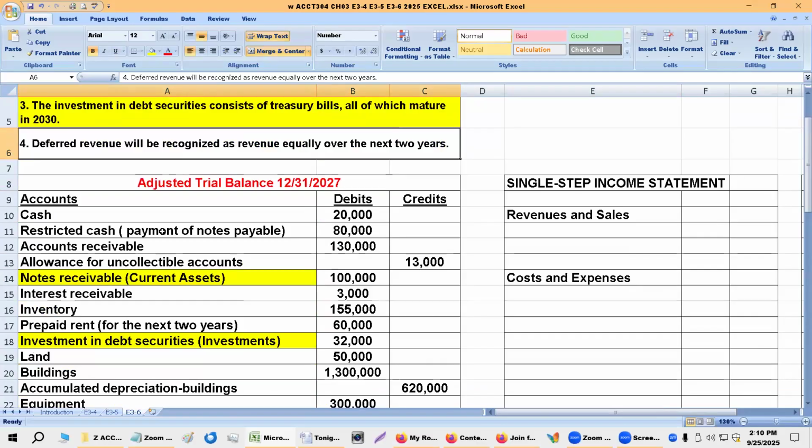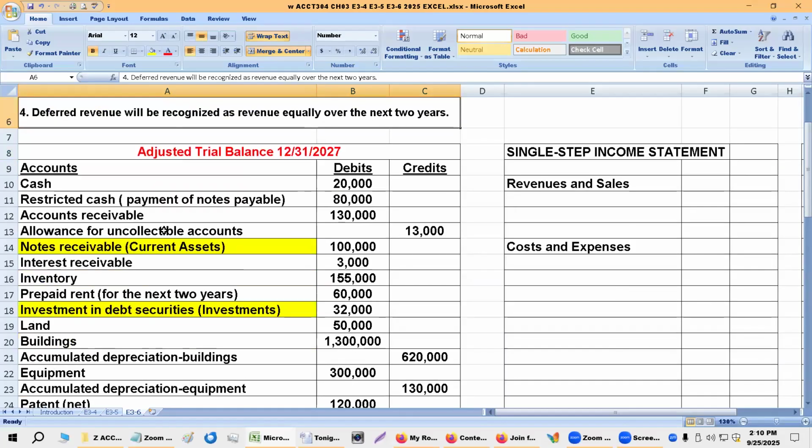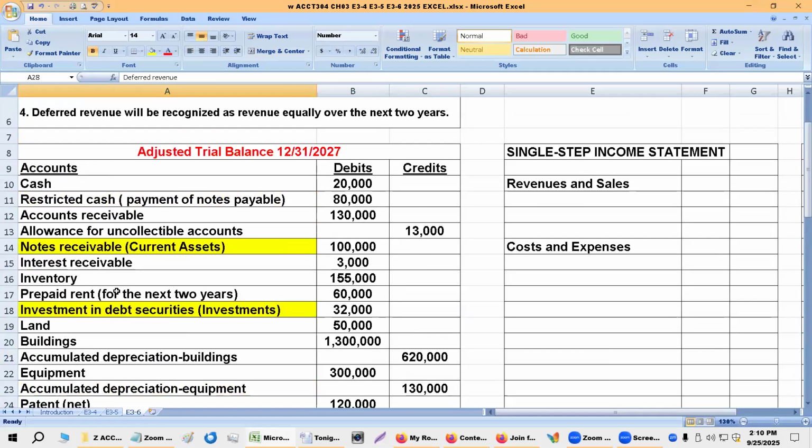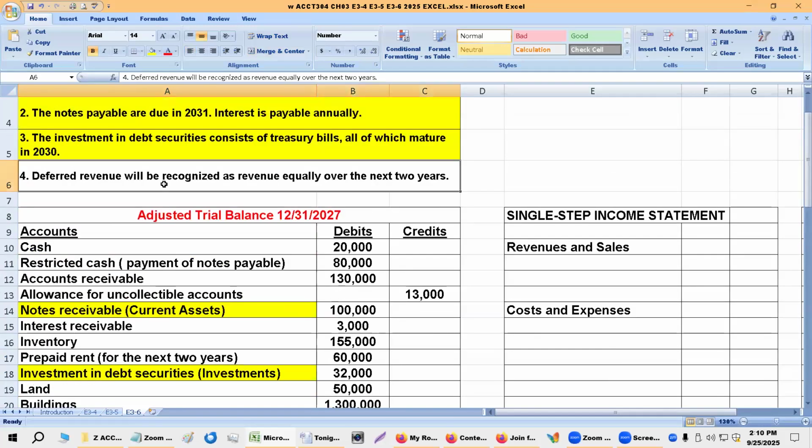All right, and deferred revenue will be recognized equally over the next 2 years. Deferred revenue is a liability, and it's going to be recognized equally over the next 2 years.